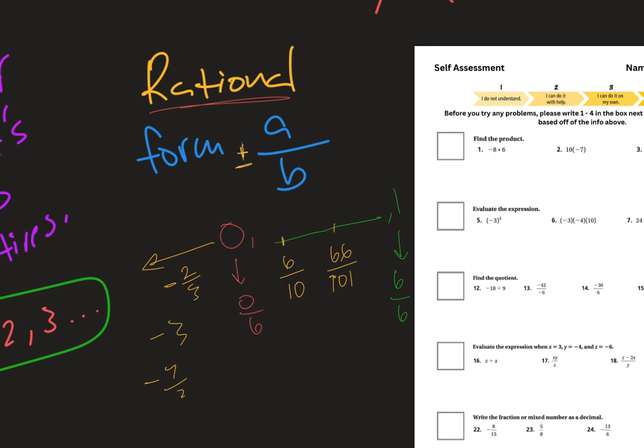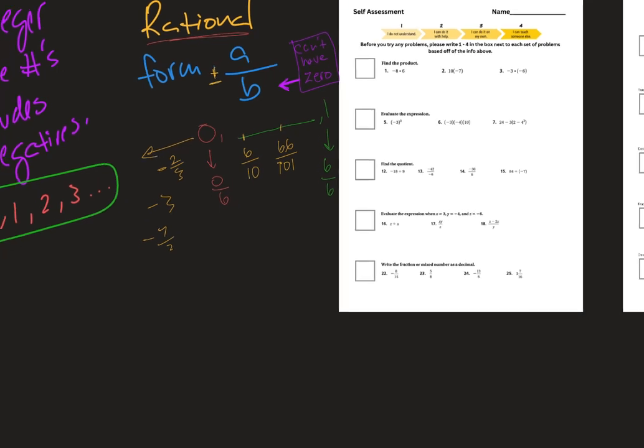The only thing that it's not going to be is that you can't have a 0 down here, okay? Because that would make it undefined. You cannot divide by 0. And if you're like, wait, why can't I?